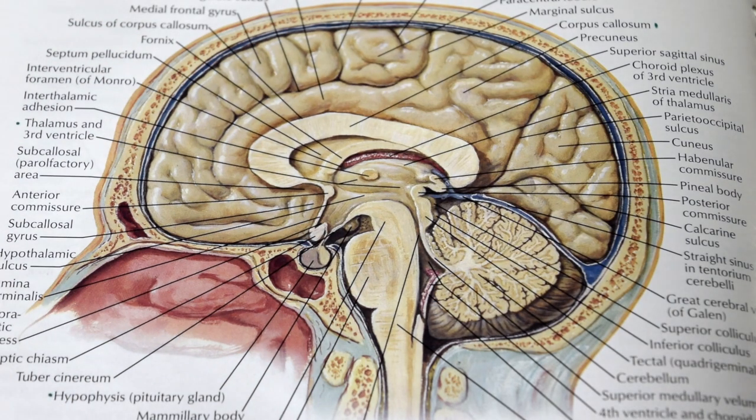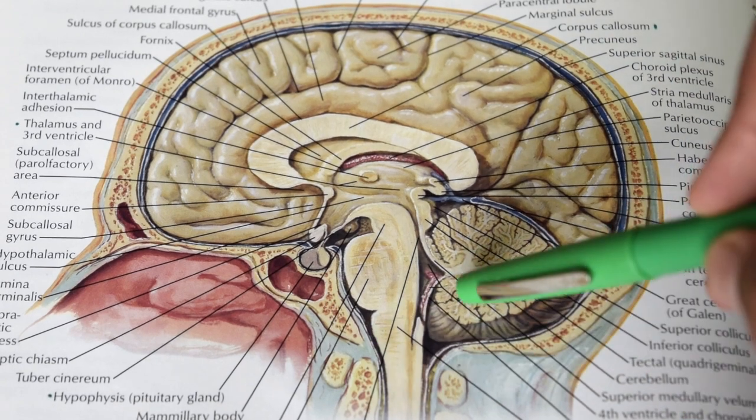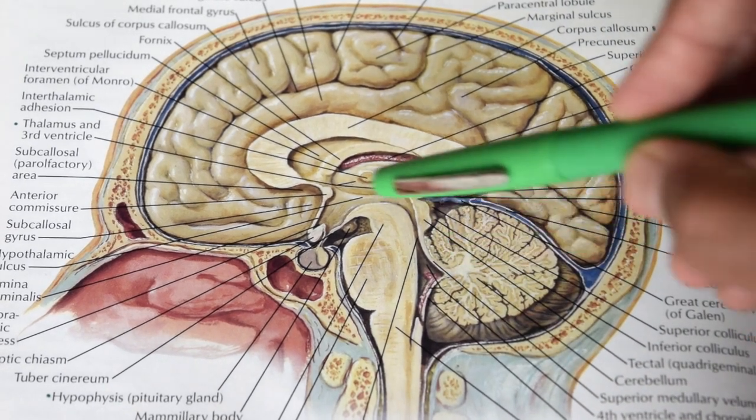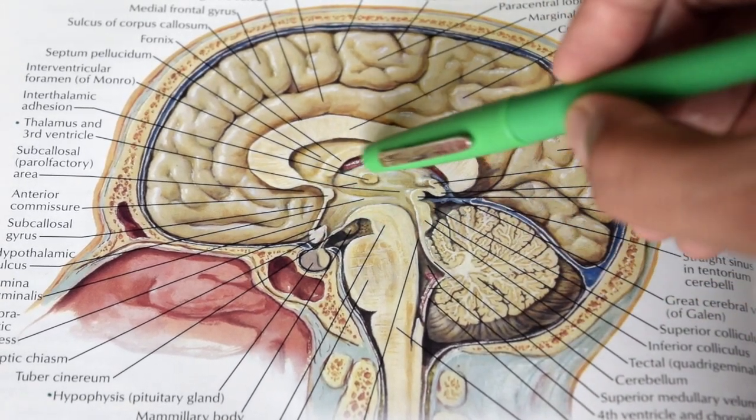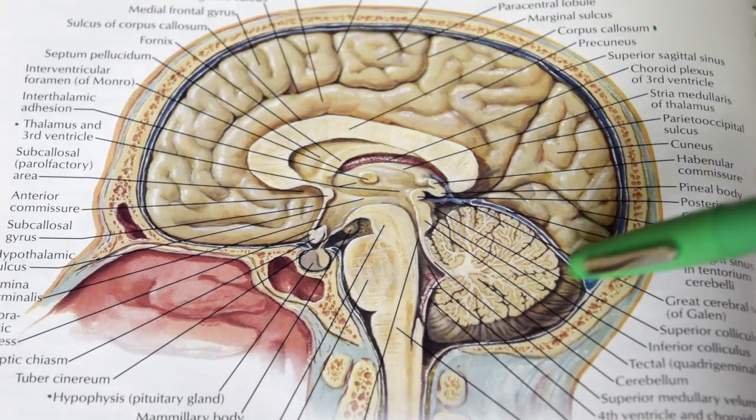Let's come to the other parts of the brain. The other parts of the brain are the brainstem, the cerebellum, the thalamus, and the cortex. This is the brainstem. This is the cerebellum. This is the thalamus. Thalamus going into hypothalamus, and the cortex.